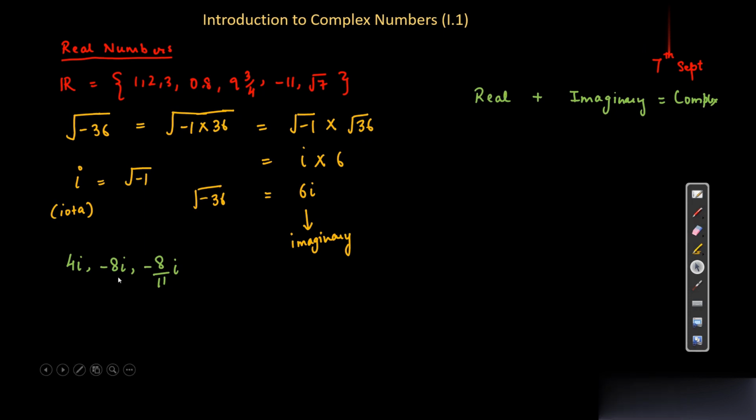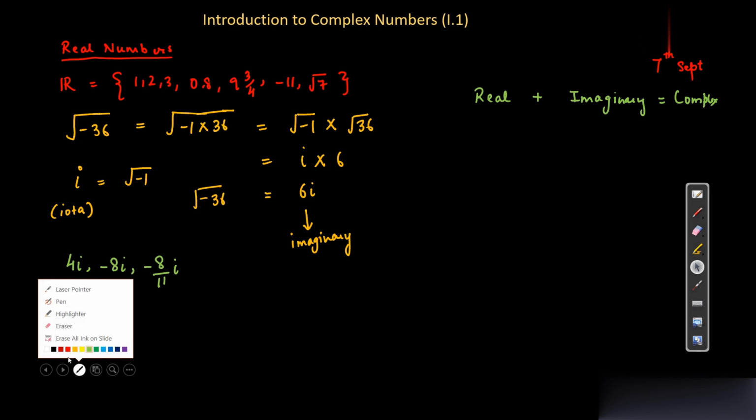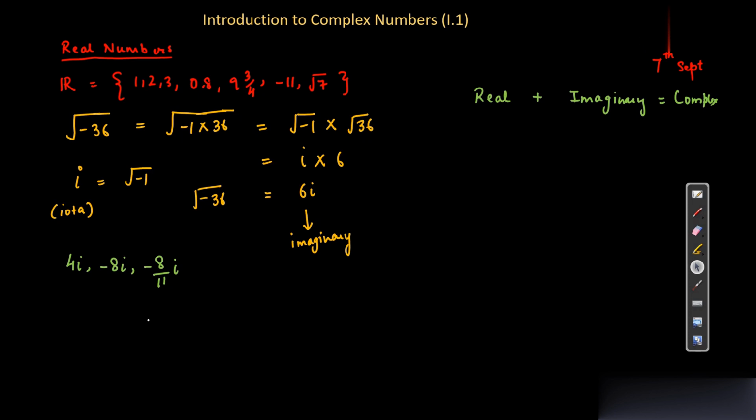For instance, I have a question, ma'am. Yes. For example, you said -8i is an imaginary number, but wouldn't that just be -8 times the negative square root of -1? So it would be negative times negative. Wouldn't that be a positive square root? No, no, no. See, there is a difference. What if I ask you what will be the value of negative square root of -64?